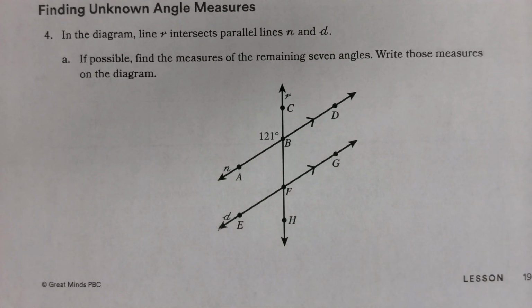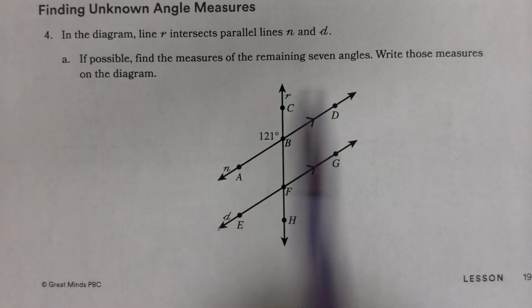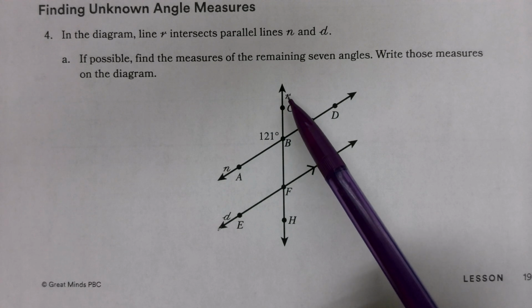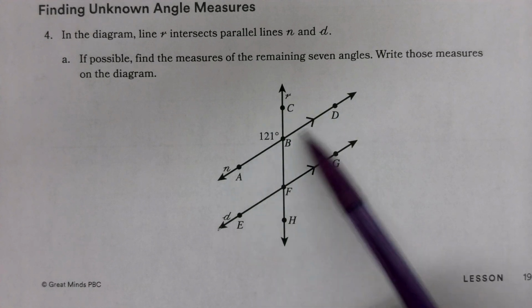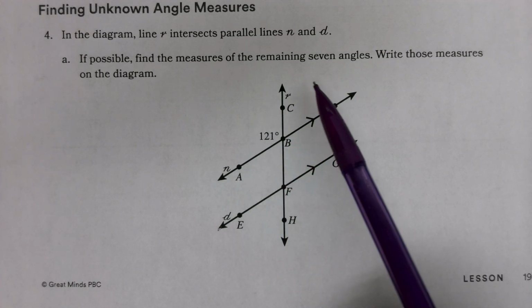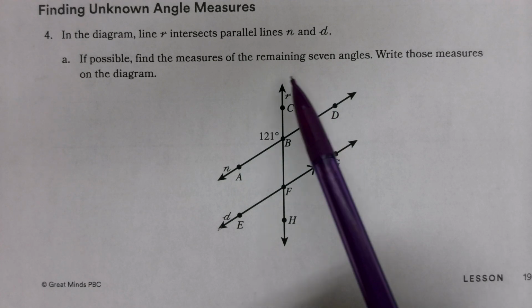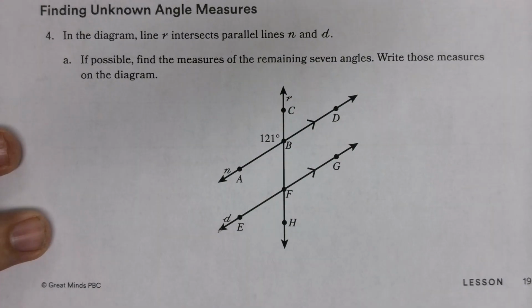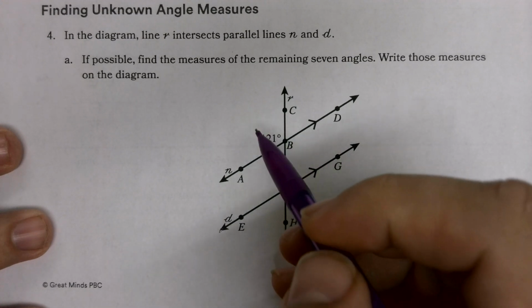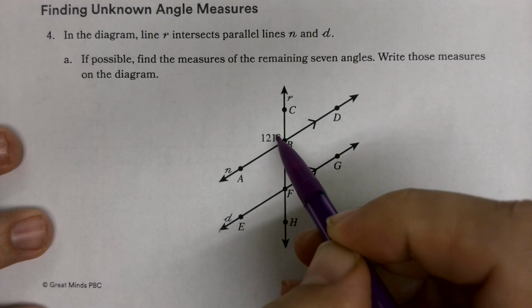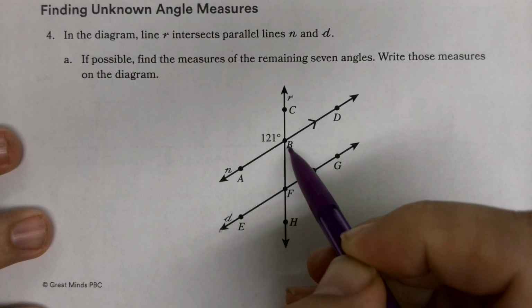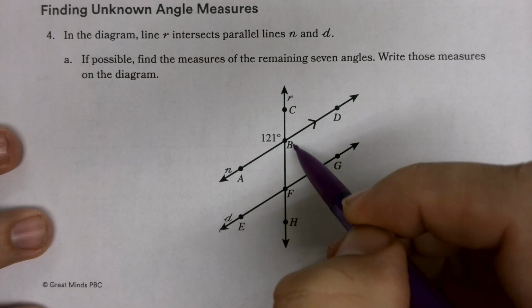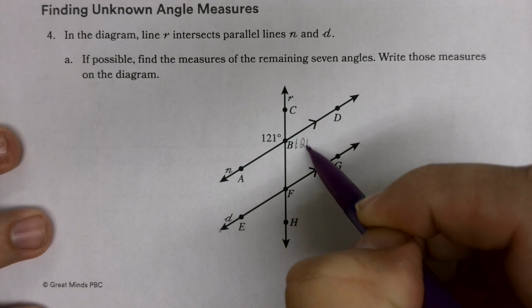Okay. So in this diagram, we have R intersecting N and D. Okay. So we've got to find the missing angles here. Well, we can find some of these already. If I know that this angle right here is 121, I know that the vertical angle is also 121.